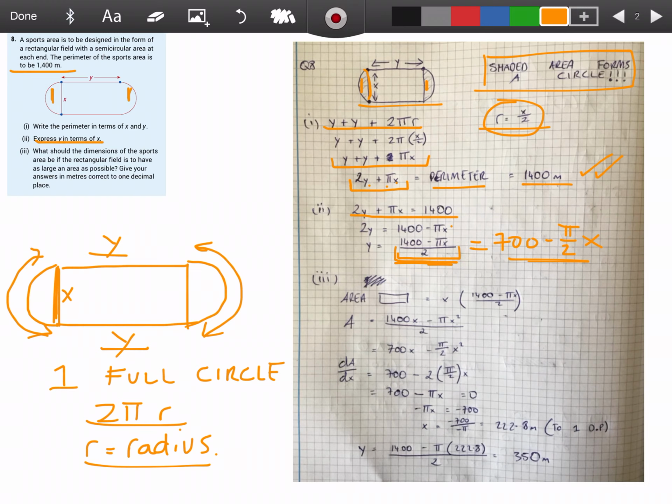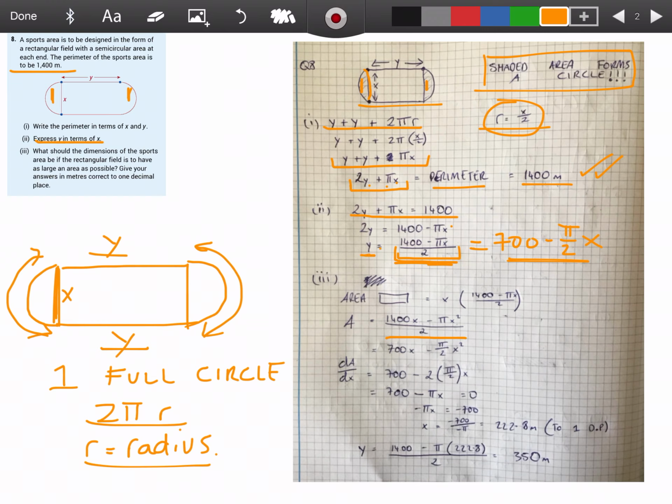So that's that done. In part 3, what would the dimensions of the sports area be if the rectangular field is to have as large an area as possible? So same idea. I'm looking for maximum, as large an area as possible. I write down my formula for area. Remember, now the way I do it, I know that that is y, what I've just worked out in part 2.